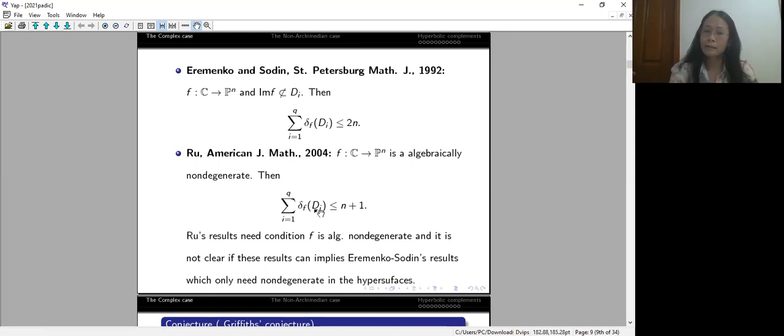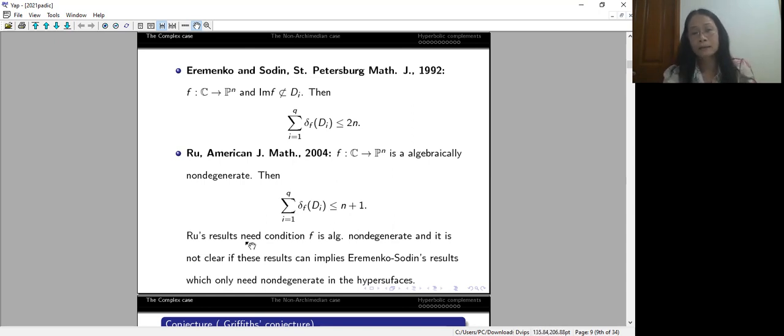And the best result now is given by Ru, for f an analytic curve into projective space. Then the bound here can get n plus 1.